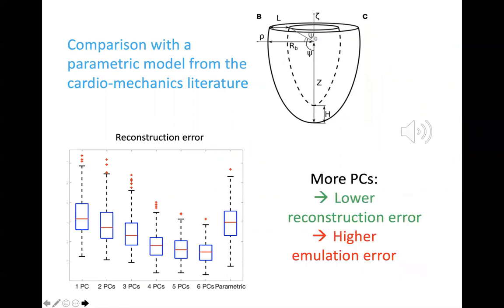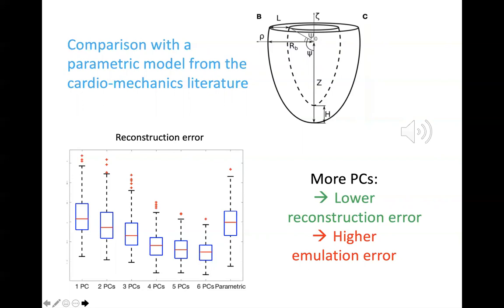When deciding on the number of principal components, we need to carefully trade off the reconstruction error versus the emulation error. The plot on the left shows a distribution of reconstruction errors over the 198 left ventricles for different numbers of principal components. As you would expect, the reconstruction error monotonically decreases as the number of principal components goes up.